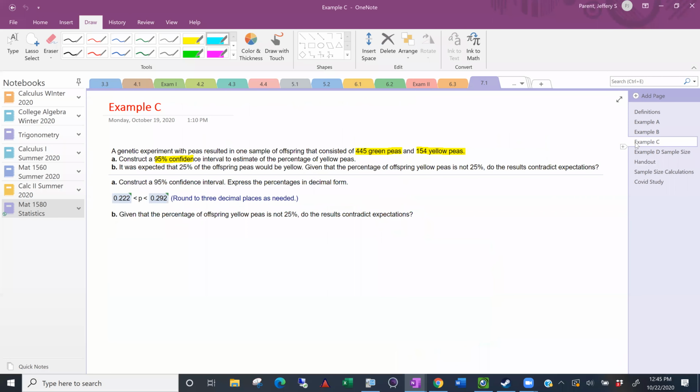We got a nice confidence interval, and it was this one right here, between 22.2% and 29.2%. But part B says it was expected that 25% of the offspring peas would be yellow. Given the percentage is not 25%, I think we got 25.7%. Do the results contradict expectations?